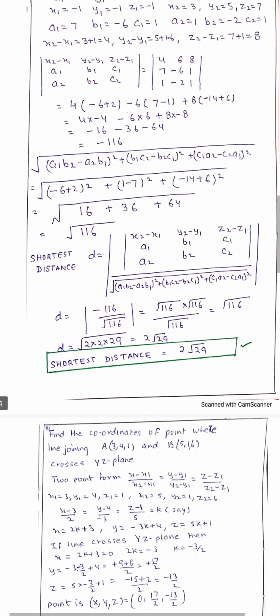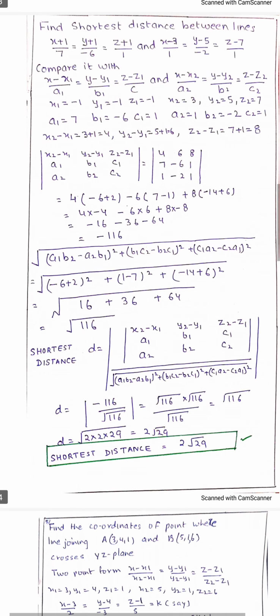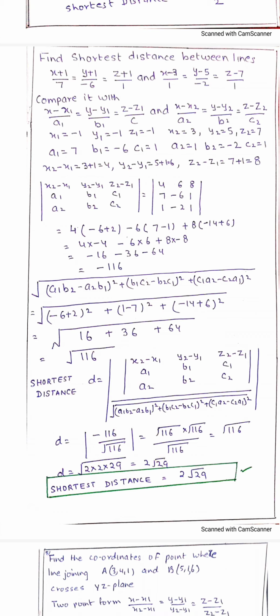Find the shortest distance between the lines given to us: (x + 1)/7, (y + 1)/-6, (z + 1)/1, and (x - 3)/1, (y - 5)/-2, (z - 7)/1. Now one by one we are considering the lines.